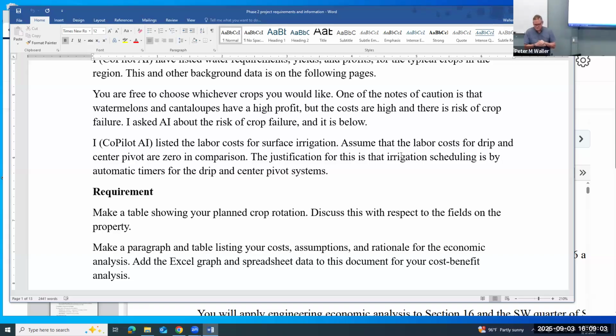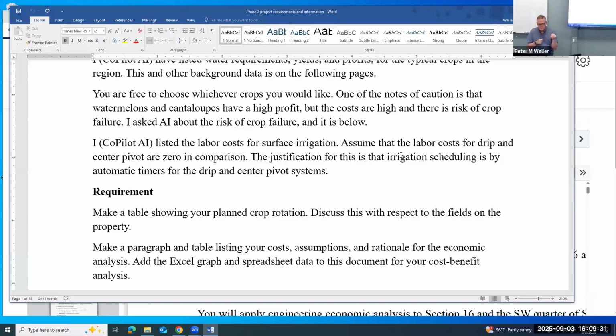So in our analysis, I said it's going to cost money to irrigate by flood, but just assume the irrigation cost is 0 for drip and pivot. Drip takes more work because it needs more maintenance. But I think we're just going to assume there's no labor because drip is also irrigated by an automatic timer.